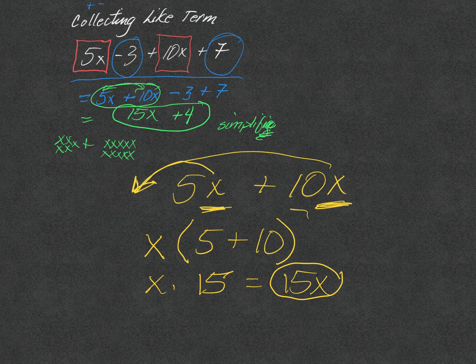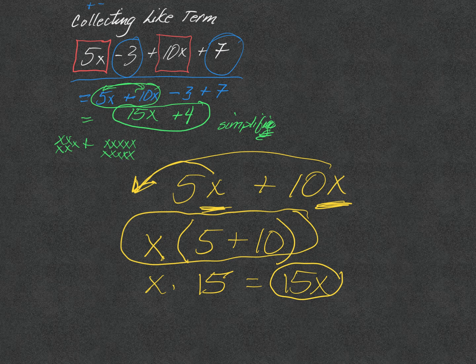We're going to come back and do a lot more factoring, but in this case, it's just undoing the arrows that I drew with the distributive property. I pull the x out, what I multiplied by the 5 and the 10, and then I add it together. So that's why it works. Now, most of us do this kind of work in our head, but this is why it works.